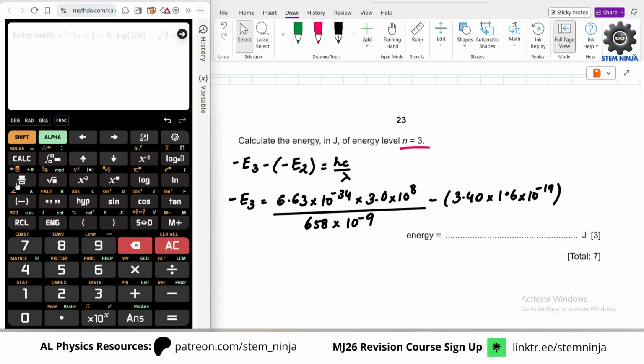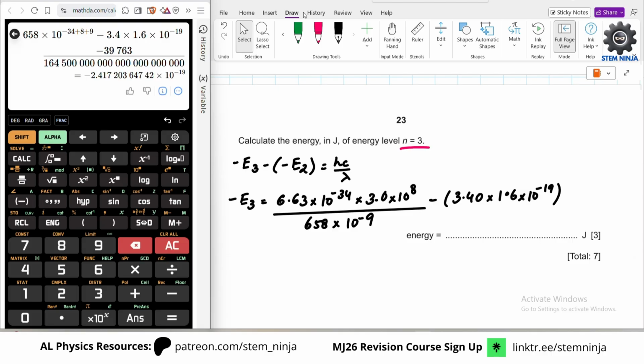Okay, now let's calculate this. 6.63 times 10 raised to power minus 34 times 3 times this divided by 658, times, now we do the powers, minus 34 plus 8 plus 9, minus 3.4 times 1.6 times 10 raised to power minus 19.